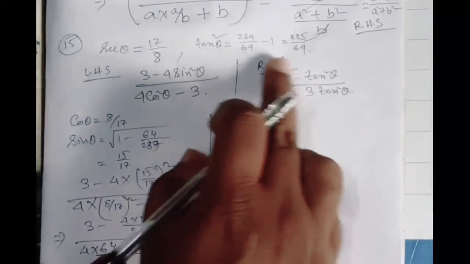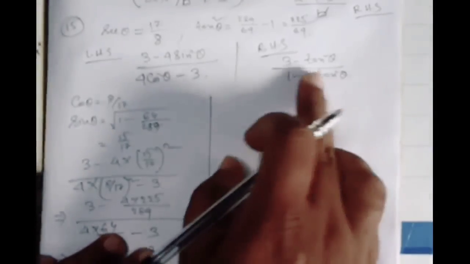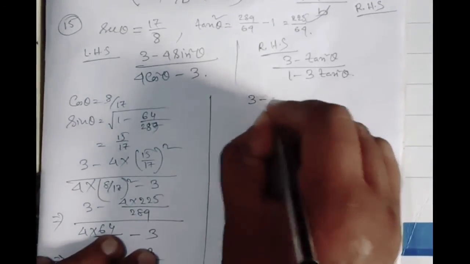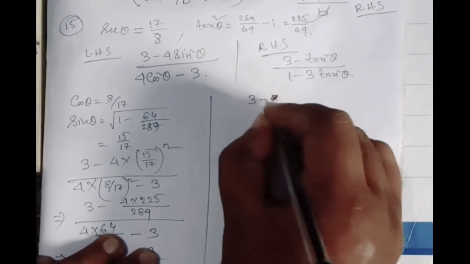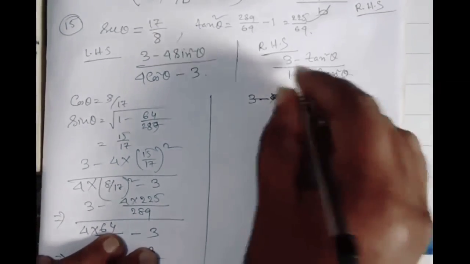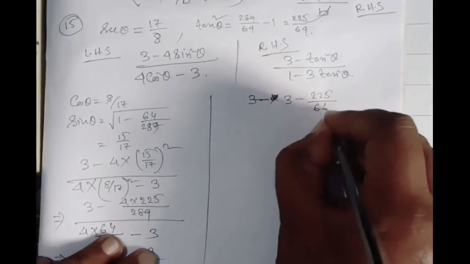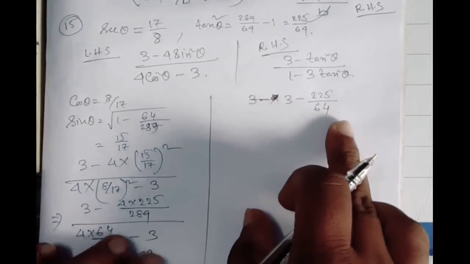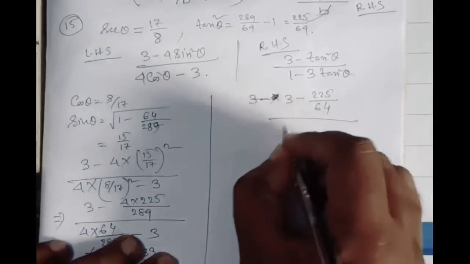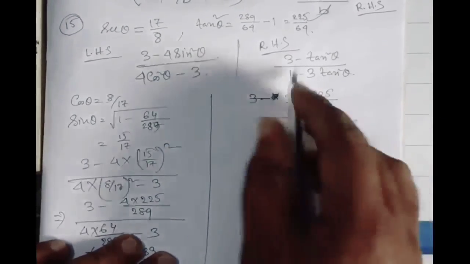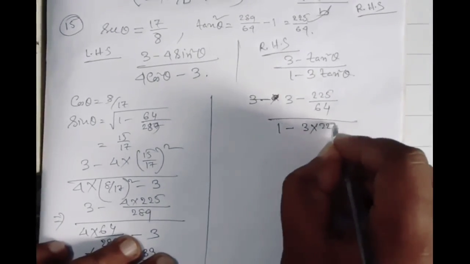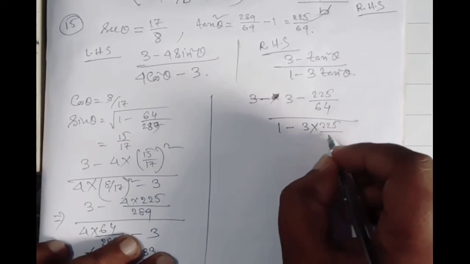Okay, so putting the value over here, we are getting 3 minus tan square theta 225 by 64 by 1 minus 3 into tan square theta 225 by 64.